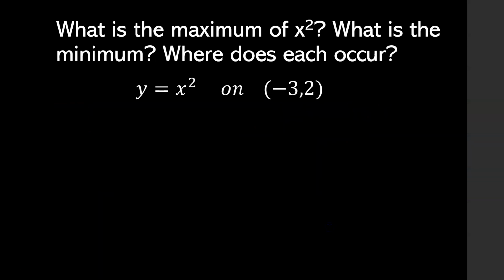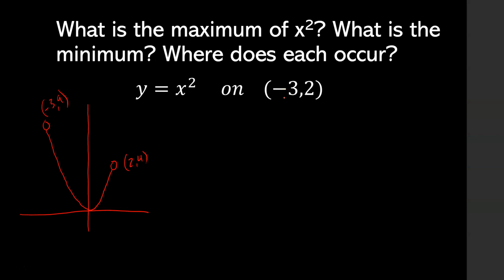So we're still looking for a maximum and a minimum. We're still talking about x squared from -3 to 2, but what's different? We're talking about open endpoints. x squared is not defined at -3, but it is defined at -2.9, -2.99, and so on.